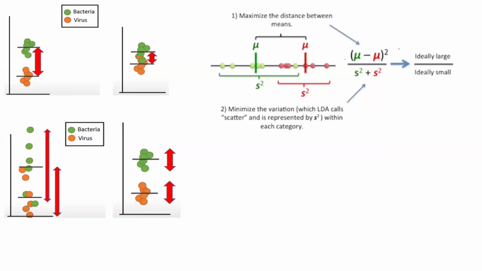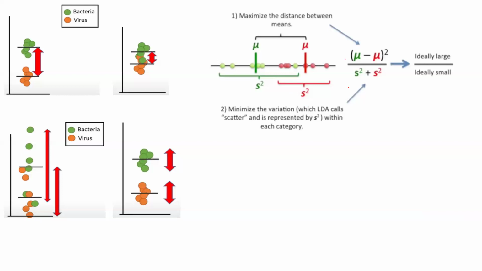That's the reason we squared it. The scatter within categories is represented by S square. Minimizing the variance is the objective of LDA, and that variance is called scatter, represented by S square, within each category. This is the scatter of category 1, and this is the scatter of category 2.